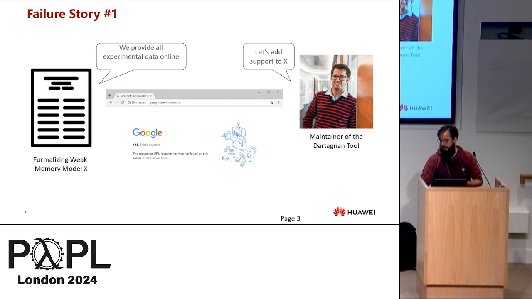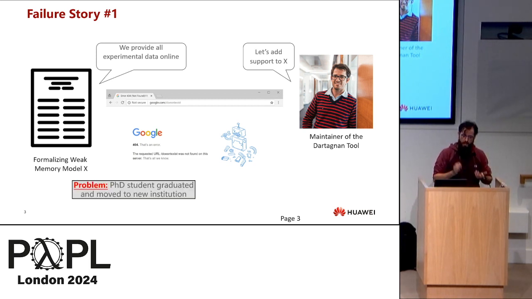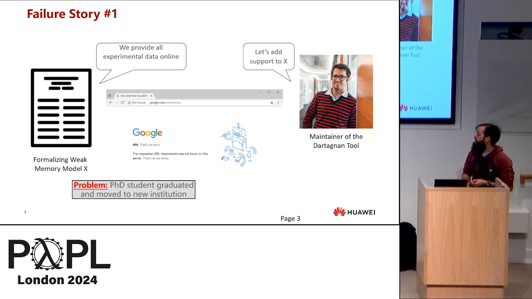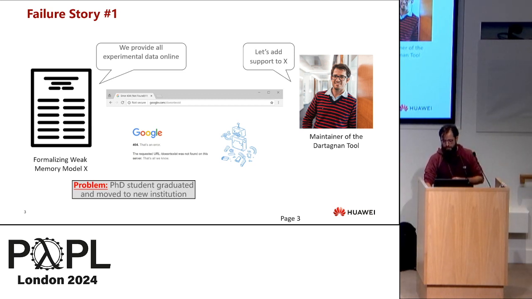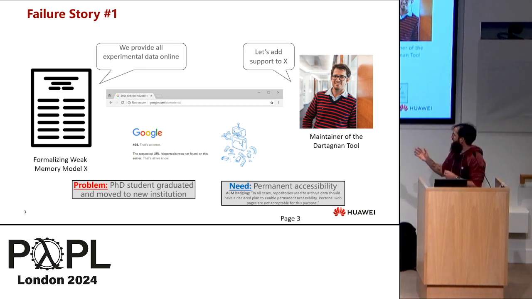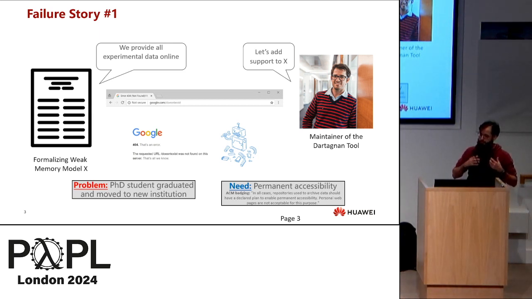It's not accessible anymore. What happened is that this paper was developed in the context of a PhD thesis, and eventually the PhD student graduated, moved to a new institution, and this was not available anymore. So my claim is that what we need is permanent accessibility to this kind of data.